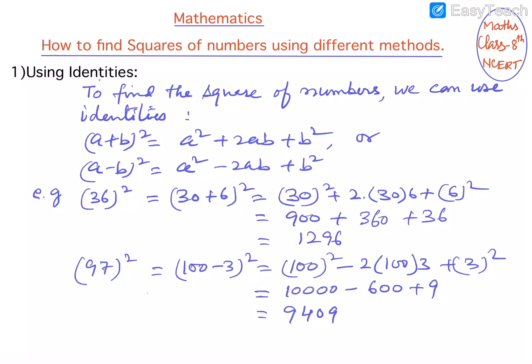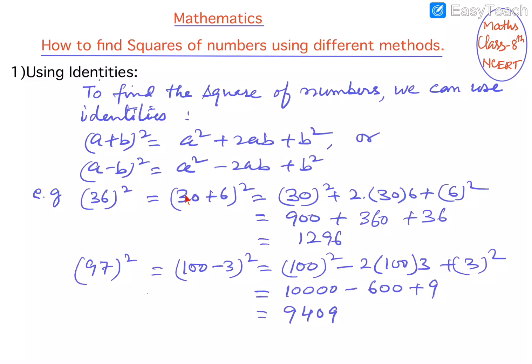For example, suppose we want to find out the square of 36, then this can be written as 30 plus 6 to give the form of a plus b. Now here in place of a there is 30 and in place of b it is 6.